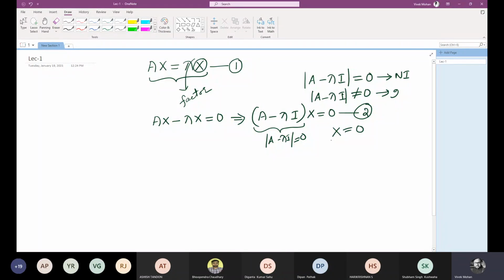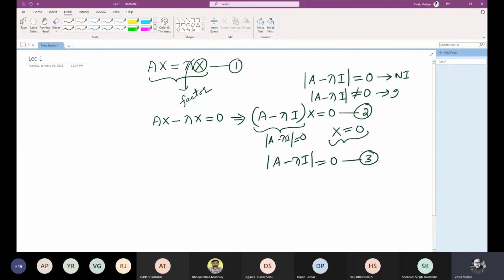So this is not a useful result, and we don't want that to happen. So we assume the matrix should be singular, so the determinant of A minus lambda I equals 0, which is denoted as equation 3.